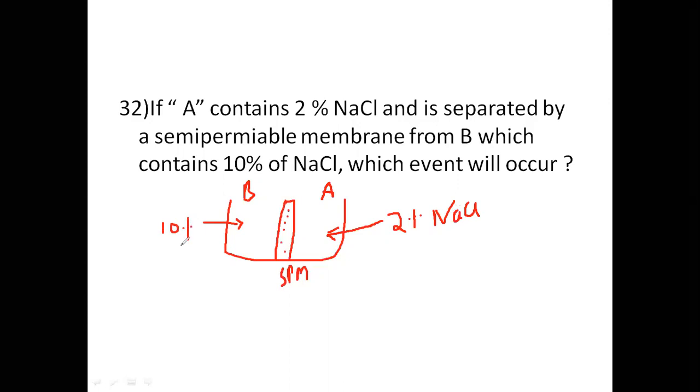So the B compartment is hypertonic whereas the A compartment is hypotonic. Among the two solutions, the one with lower osmotic pressure is hypotonic, and the one with higher osmotic pressure is hypertonic. Now, as we keep the semi-permeable membrane here, what will happen? The osmosis process takes place.